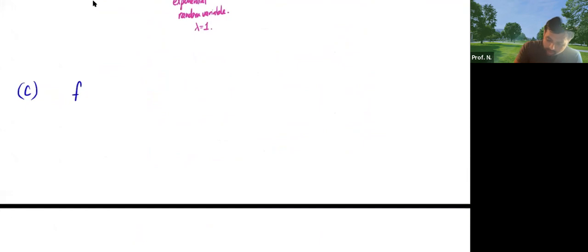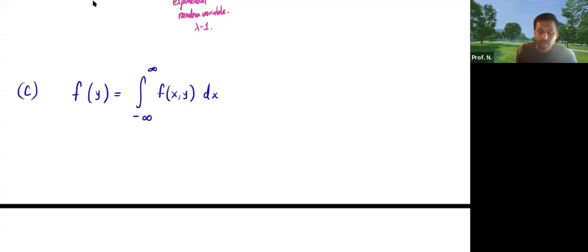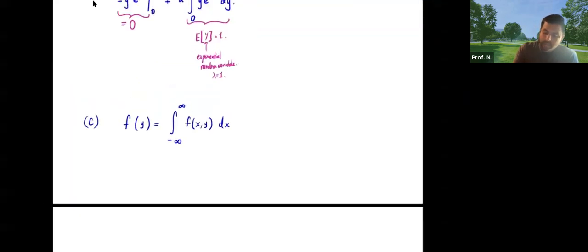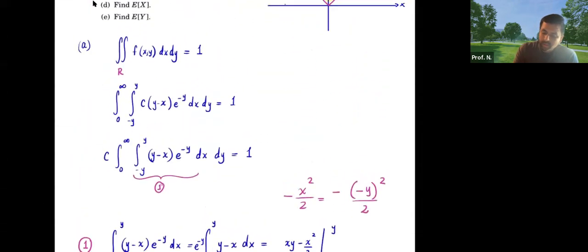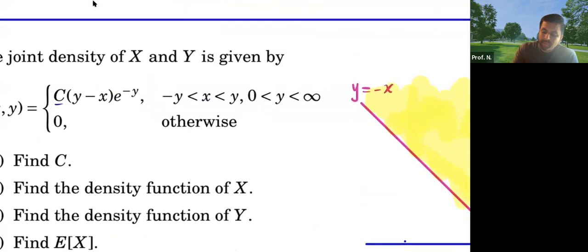That's right. Okay. So we have f of y, which goes from negative infinity to infinity of f of x, y, but you're doing it with respect to x. So all the x's, but what are the x's ranging from?